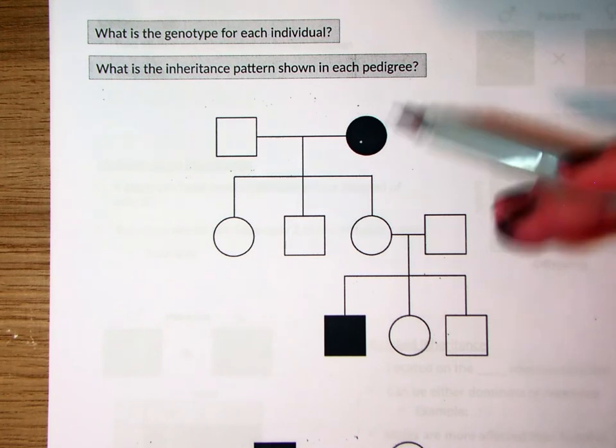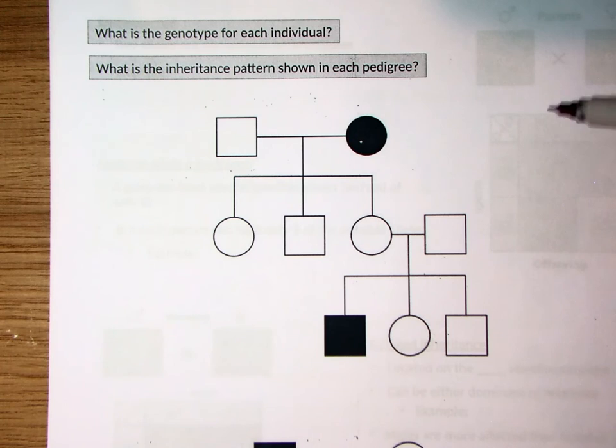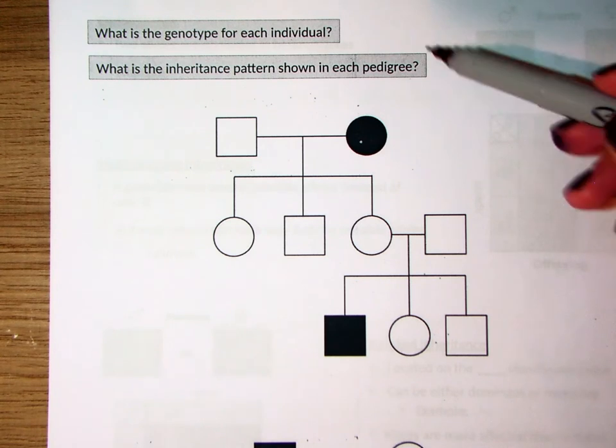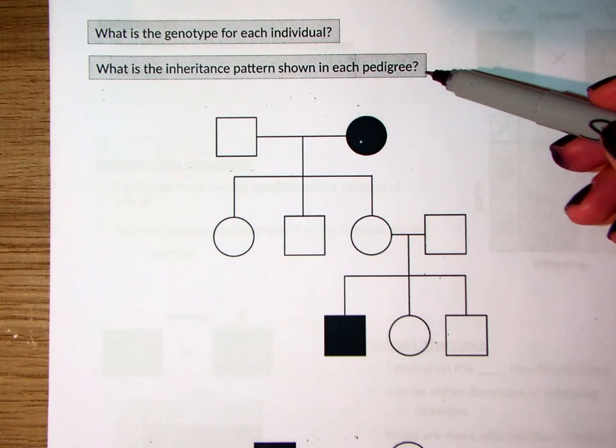But if it doesn't, use a pencil and just randomly guess if you think it's autosomal dominant or autosomal recessive. This will all make sense in a minute. And what is the inheritance pattern shown for each pedigree? So it's asking, is it autosomal dominant or autosomal recessive?